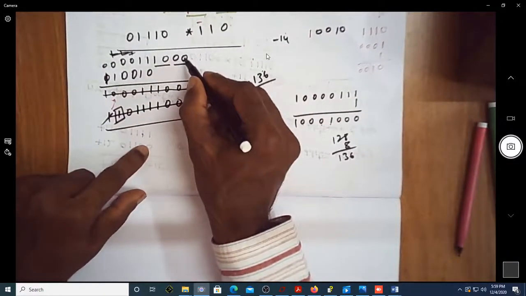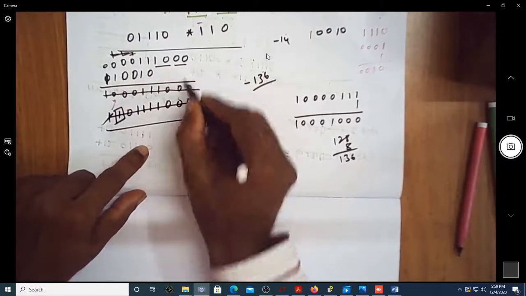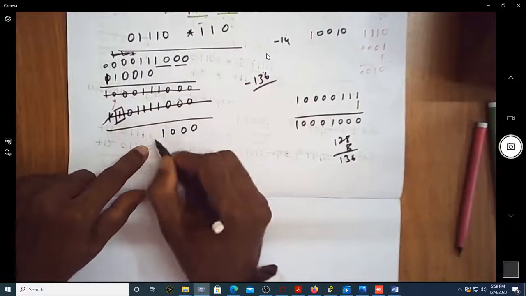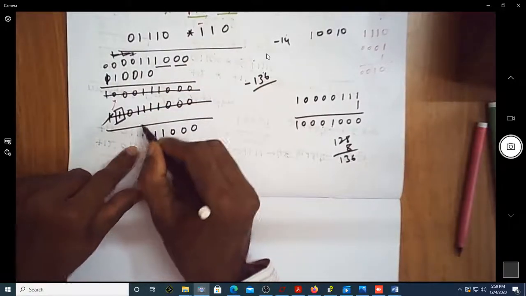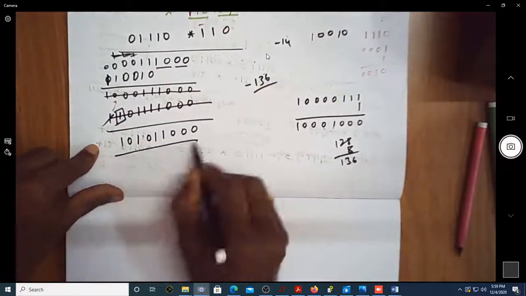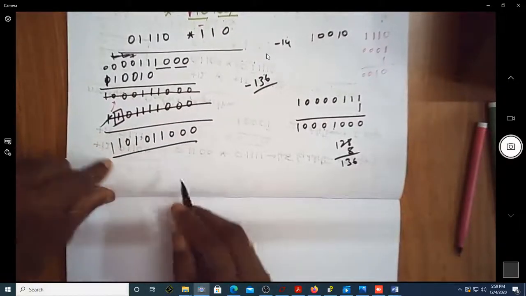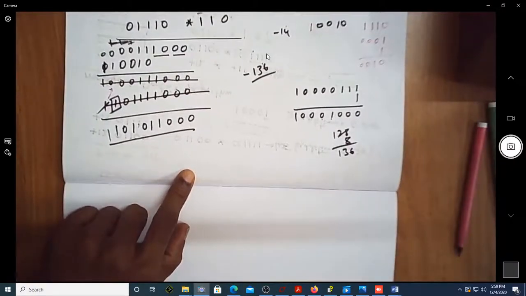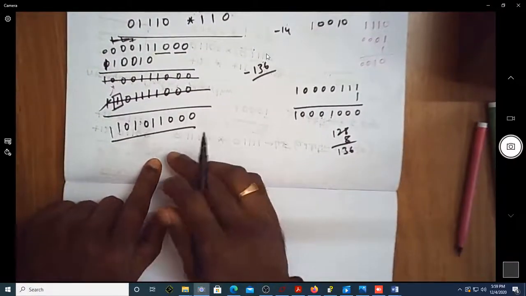So let me just clarify that. First this is 0, second 0, third 0, it is 1, then it is 1, 1 plus 1 is 0 with a carry 1 here, then it is 0, 1. So this is fine. Okay, is this fine now?